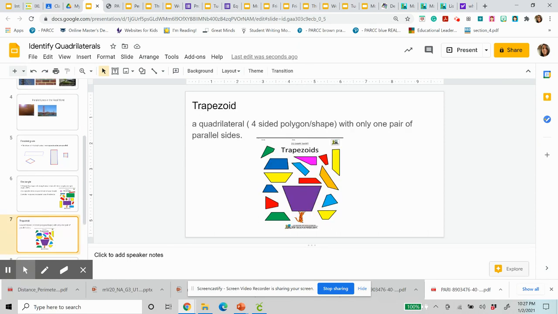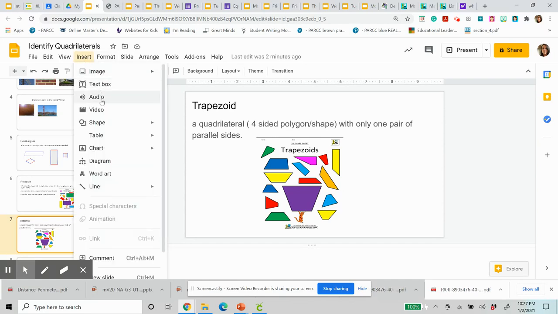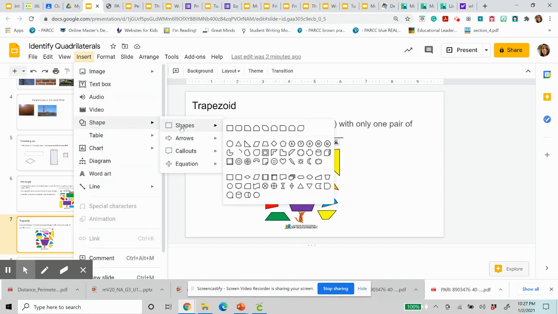A trapezoid. Now, it's a quadrilateral, so there's that word again, which just means a four-sided polygon, four-sided shape. It has only one pair of parallel sides. So the most common one that you're going to see, and that you're probably very familiar with, is this one.